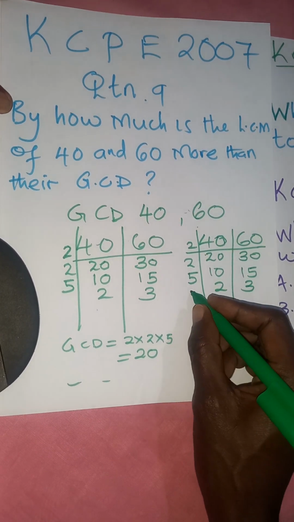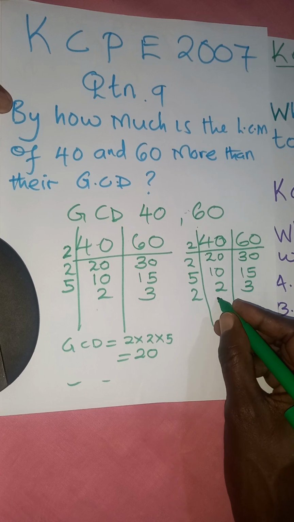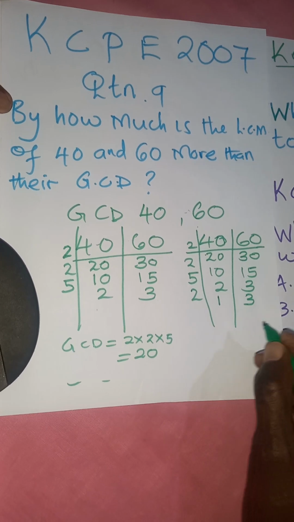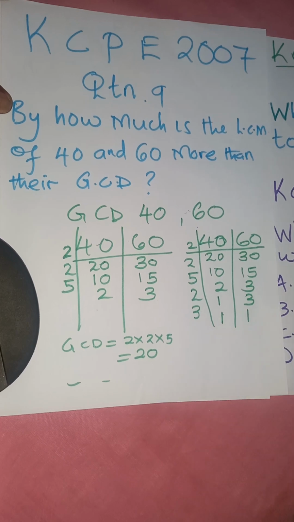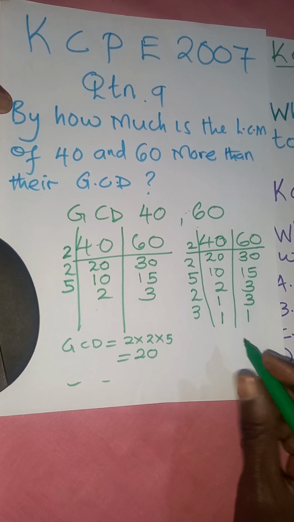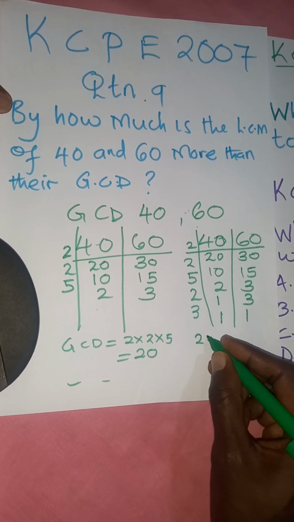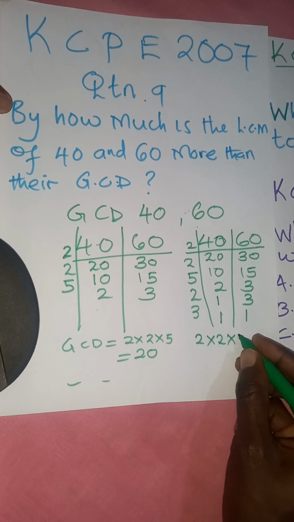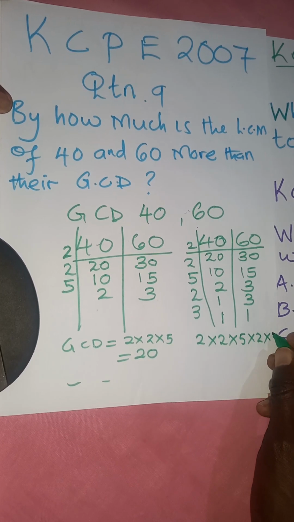Proceed again with 2 because we are dividing until every number reduces to 1. So this is 1 and this is 3. 3, 1, 1. So we have divided every number to the level of 1. So our LCM is going to be 2 times 2 times 5 times 2 times 3.